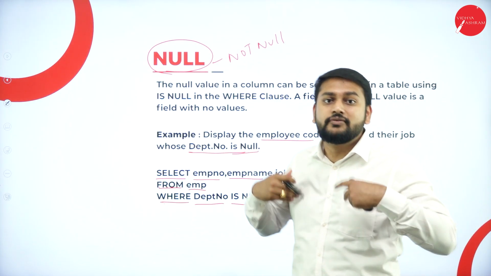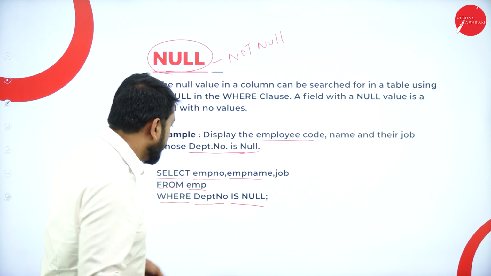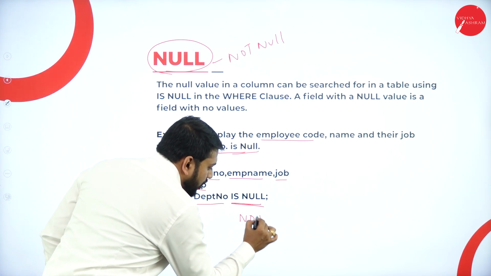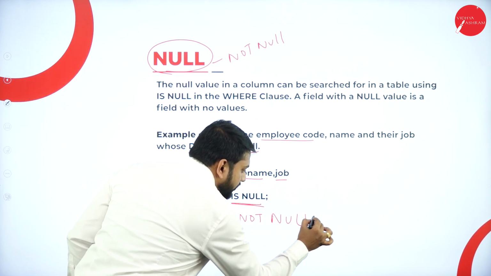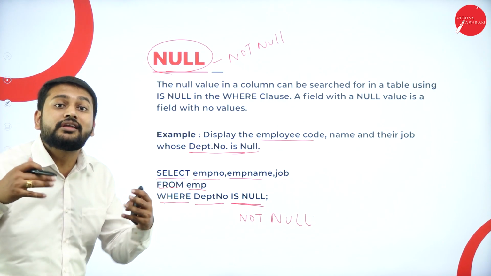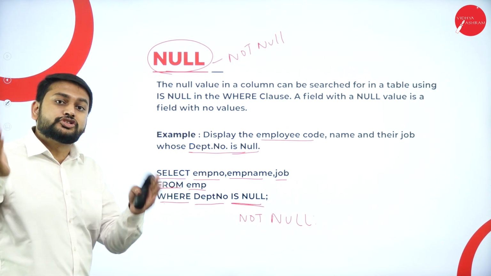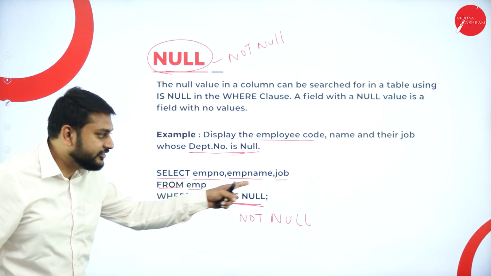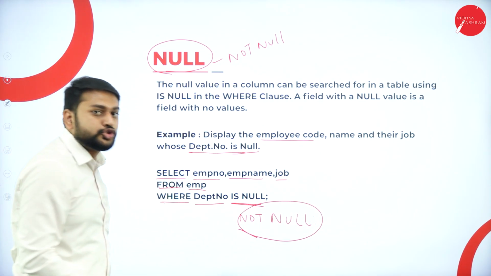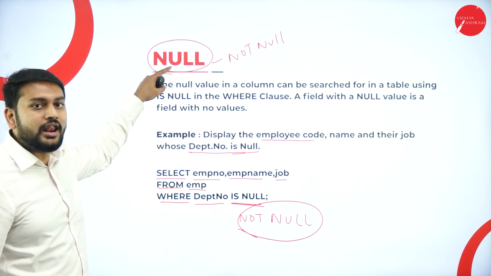For that reason, I will give it as not null. So I will mention here, instead of is null, I will just mention not null. That is what you need to remember. So those details will be retrieved. If it is null, I will not retrieve that data. If it is not null, only then I will retrieve these details. That is what you need to remember with respect to the not null. So hope you got the clear idea about the null and not null.